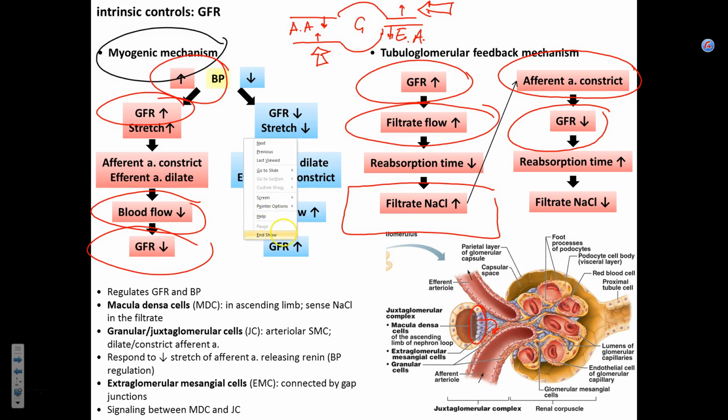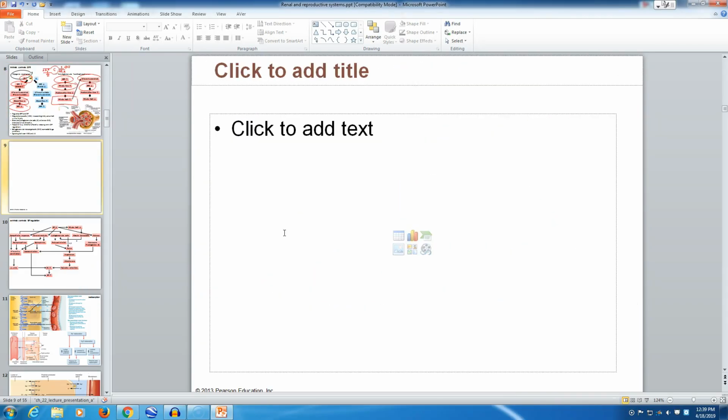Now, last thing that I want to do. We're going to do the same. This time, let's reduce the blood pressure. Okay? Blood pressure goes down. Blood flow via glomerulus.